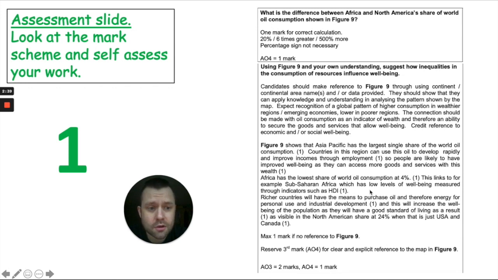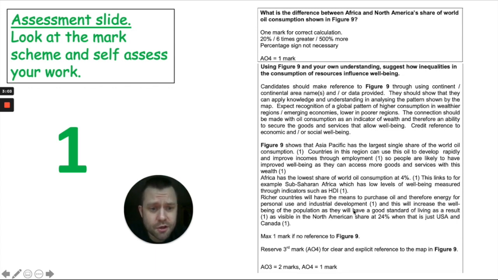And you could say, this links to, for example, sub-Saharan Africa, which has low levels of well-being measured through indicators such as HDI. You could have said, because in sub-Saharan African countries, they have low literacy rates or low life expectancies. That is your second mark for developing that point.